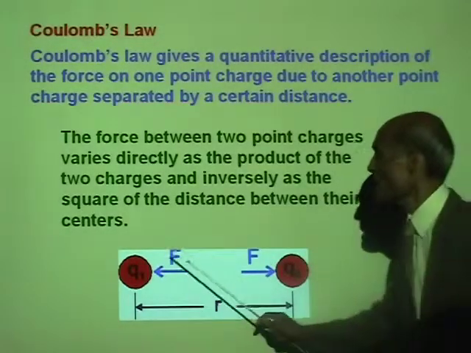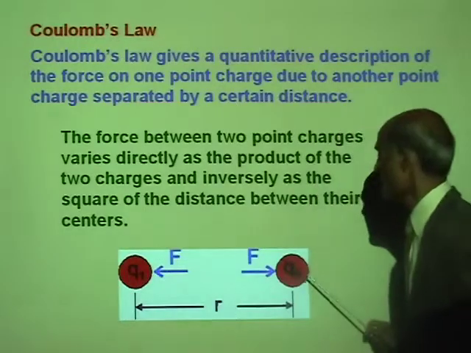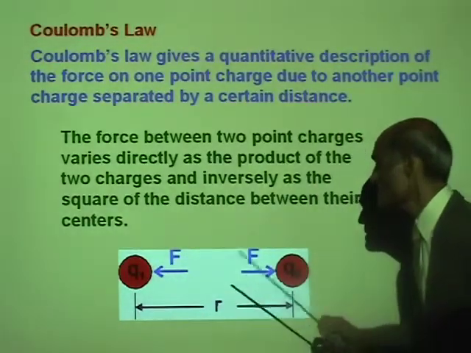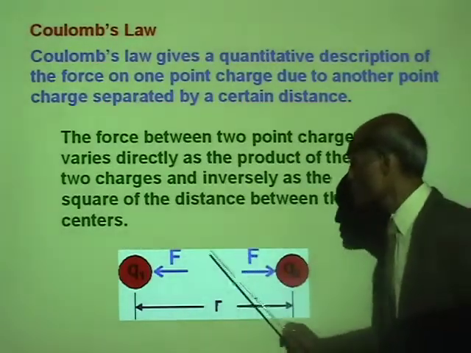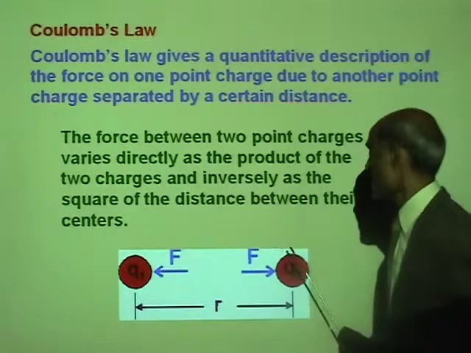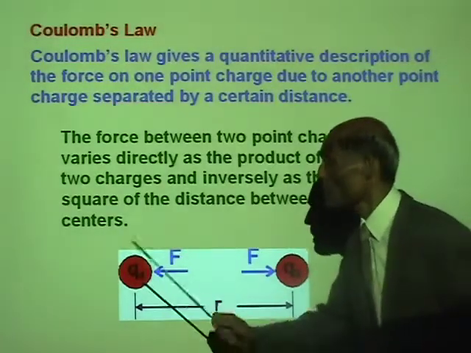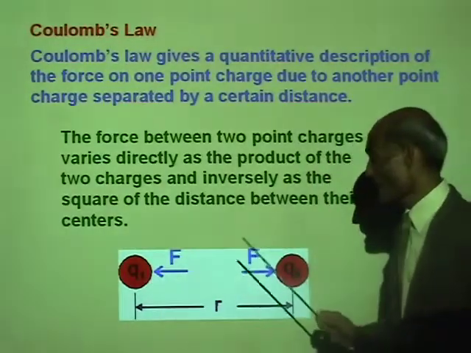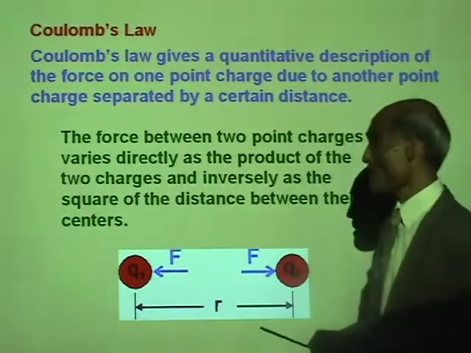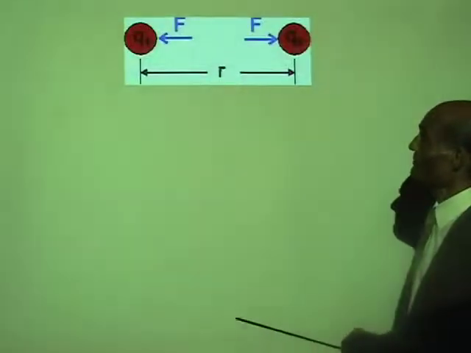So this is our situation. A charge Q1 is separated from a charge Q2 by a distance r. The force F between the two charges is directly proportional to the product of the two charges and inversely proportional to the square of the distance between them.